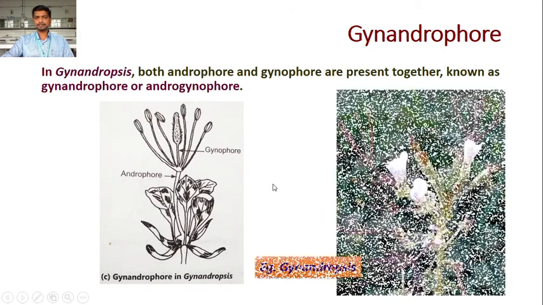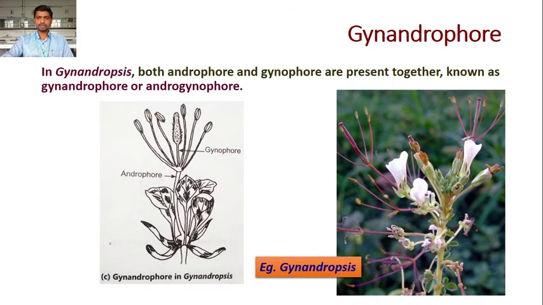For example, Gynandropsis. In this picture, we can see this is the gynophore, this one is the androphore, this is the corolla, and this one is the androecium. The internode between corolla and androecium is the androphore. The internode between androecium and gynoecium is the gynophore.